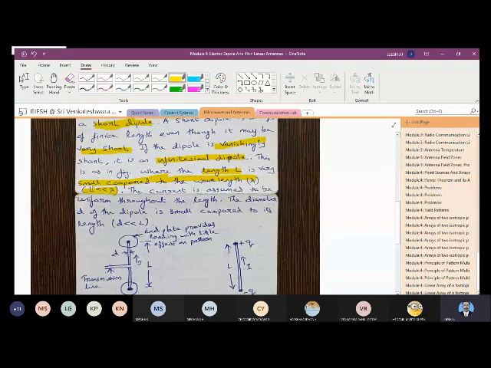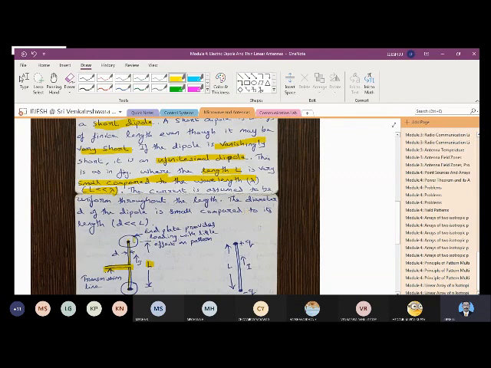If you come across this condition, where this is the antenna being placed and this is the length L, and you see that the length L is very much less than lambda, you call it a short antenna, a short dipole.